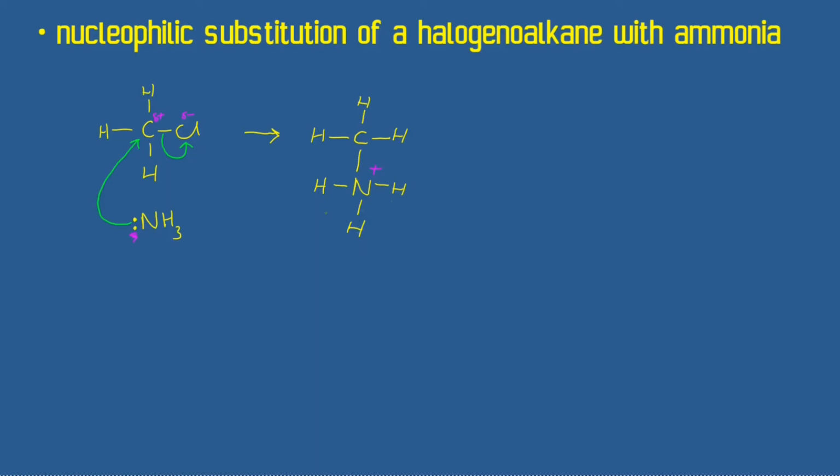So the nitrogen here at this stage has got a positive charge. We're going to have to lose this positive charge. How are we going to do that? Well, one of these hydrogens is going to get lost. The electrons from one of the nitrogen-hydrogen bonds are going to return to the nitrogen. It's then going to form a neutral molecule. So here I've got the methylamine that I have now made.